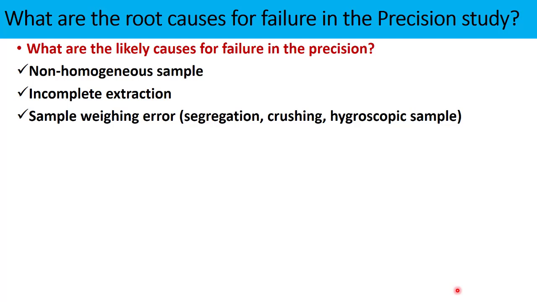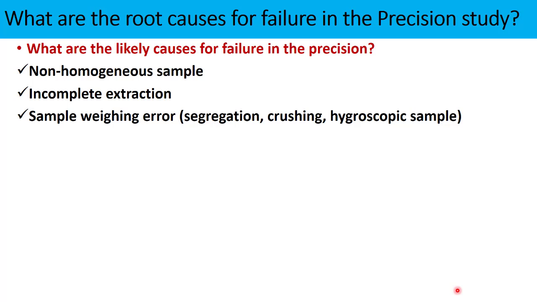The next error that is possible during weighing is the hygroscopicity of your sample. See what happens, you are taking a sample, you are in the process of weighing now, and the sample is highly hygroscopic in nature. So if your atmosphere has 70-80% humidity, during the weighing the sample can pick up moisture and that will create an error during the weighing, isn't it? So if you allow more time for weighing, more moisture can get picked up, and that will result in one result.